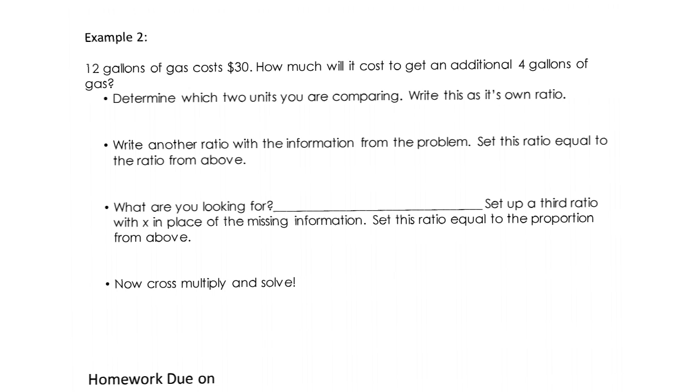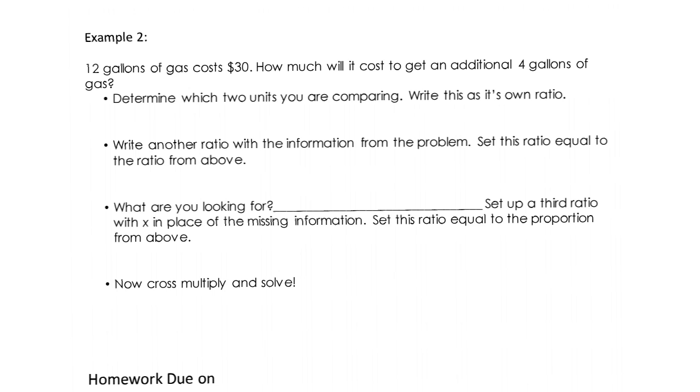So again, we cross multiply. So 12 times x is 12x equals, again cross multiply, 30 times 4. 30 times 4 is 120. And then I have to get this x alone.